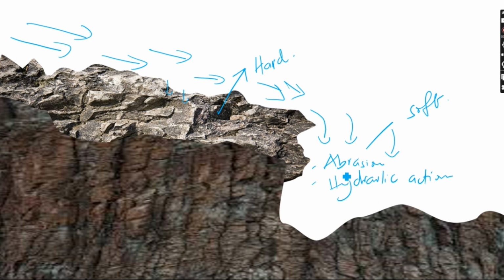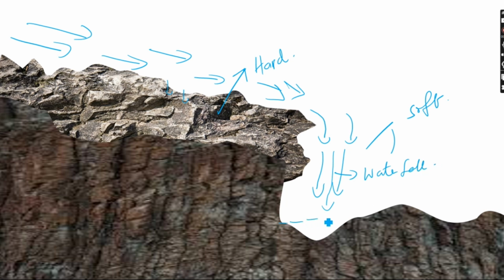And now what will follow because of these processes of erosion is that there will be formation of this sharp bend here by the river, and for that reason the water will start falling straight onto the floor, and that is how it will create the waterfall.